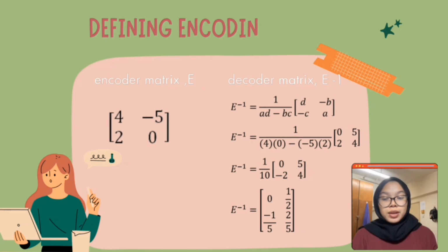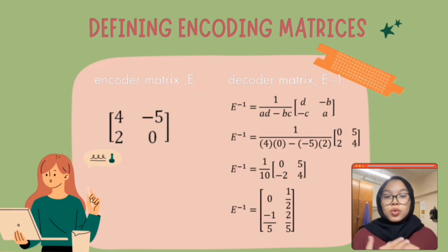The first step is to define the matrices. The encoded matrix E is a 2x2 matrix given as 4, -5, 2, and 0. In order to decode the message, we need to find the inverse of this encoded matrix using the formula 1 over determinant multiplied by its adjoint.